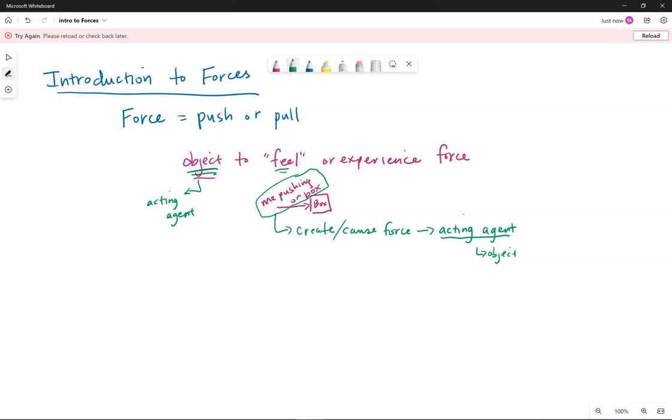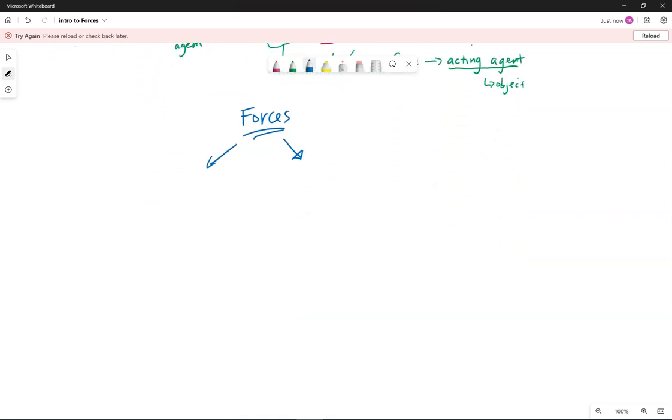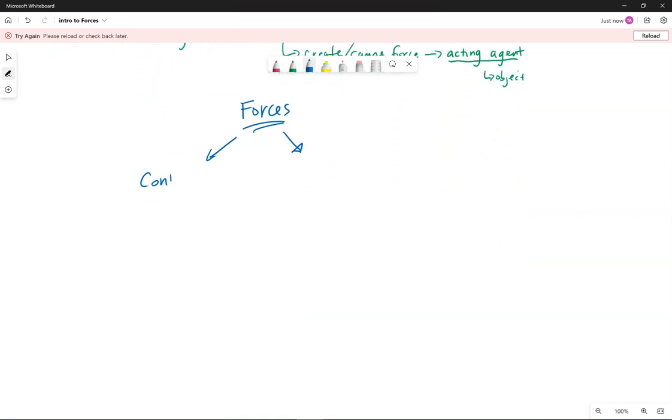So forces, we have two categories of forces that we will talk about this semester. One category is called contact forces. A great example was what I just said.